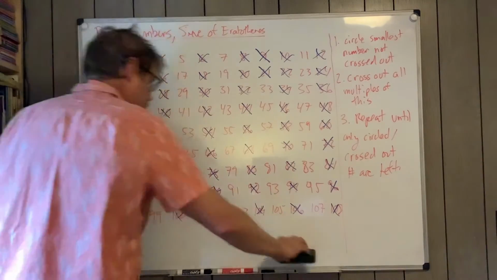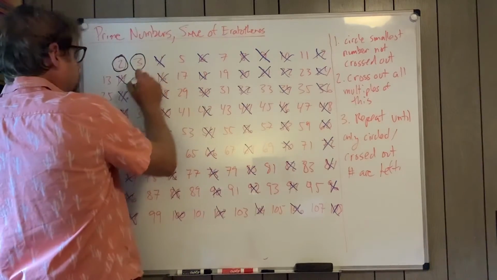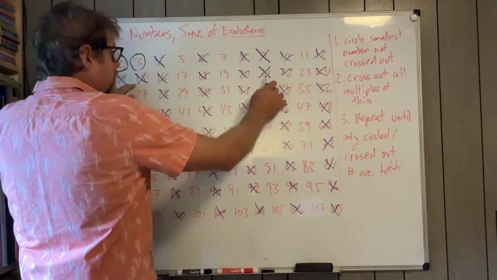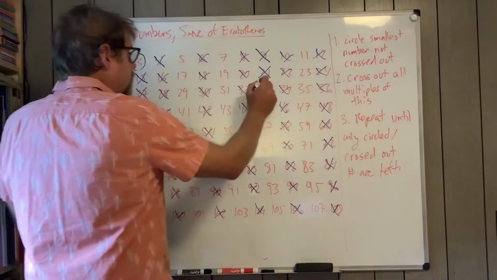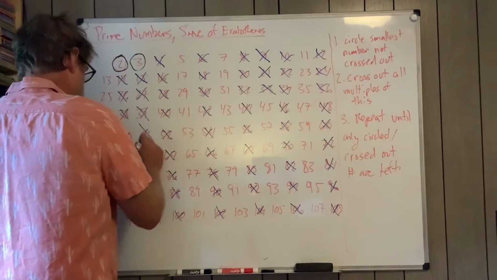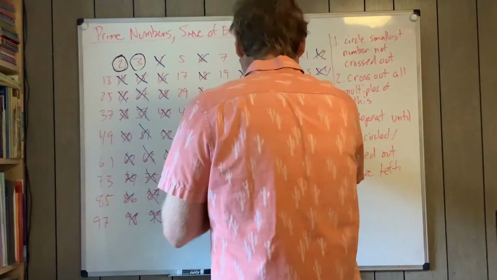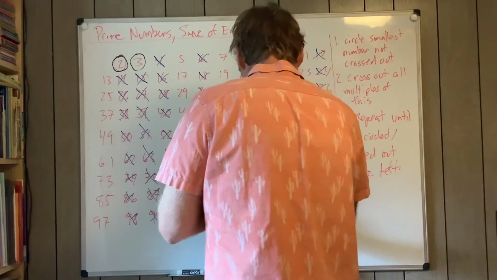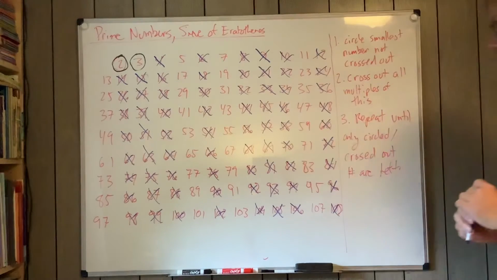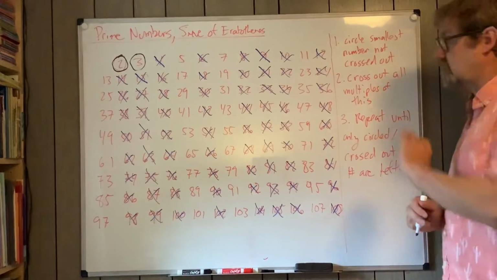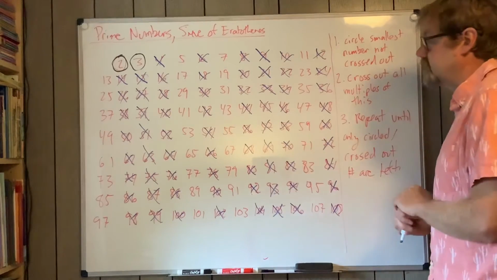That was this. I'm in the cross out phase. You'll notice that it's only this column and this column that are getting crossed out. So these are all multiples of 3, and this column is all multiples of 3. All right, so far I've eliminated all multiples of 2 and all multiples of 3.